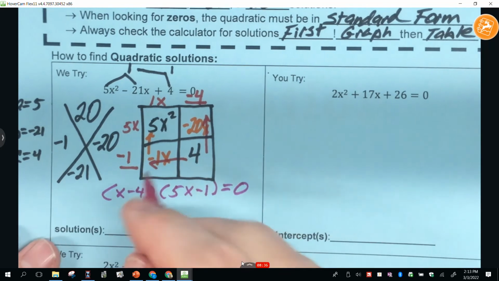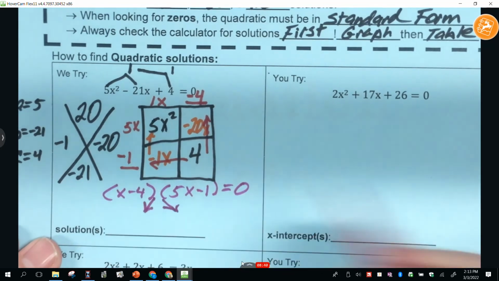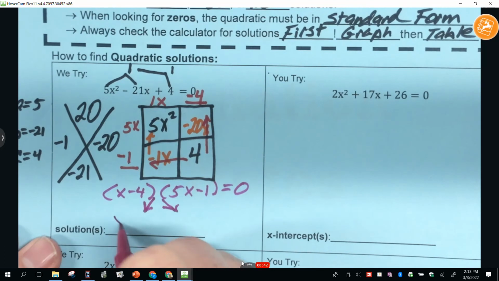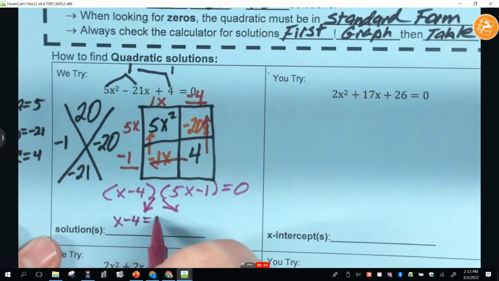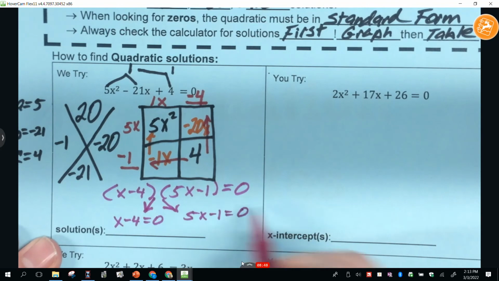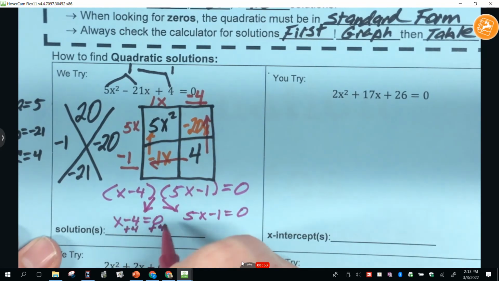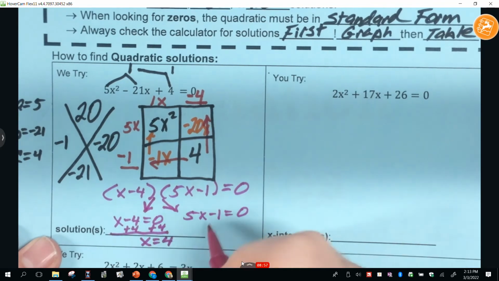And so now we're going to set, just like we did on the day 3 notes, we set these equal to 0. So I'm going to go x minus 4 is equal to 0. And I'm going to go to 5x minus 1 equals 0. So I'll add 4. Add 4. And so that'll give me x equals 4. And then I'm going to go plus 1.